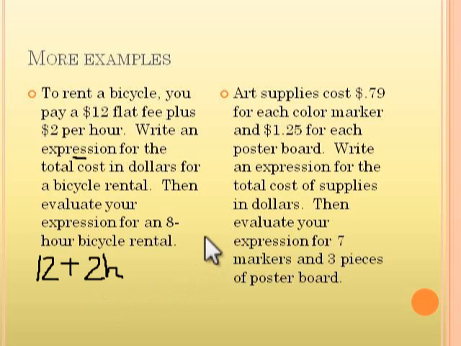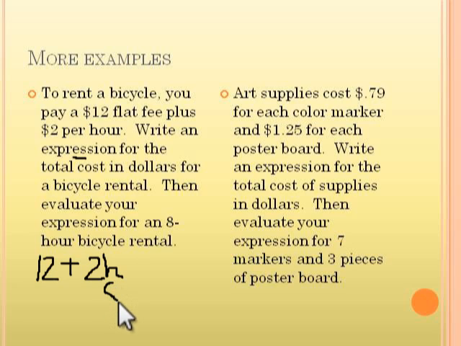But then they ask us to do one more thing. Then evaluate your expression for an 8-hour bicycle rental. So they want you to now, instead of saying for the number of hours, it's going to be 8 hours.